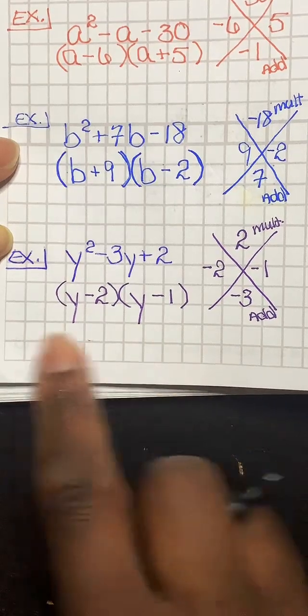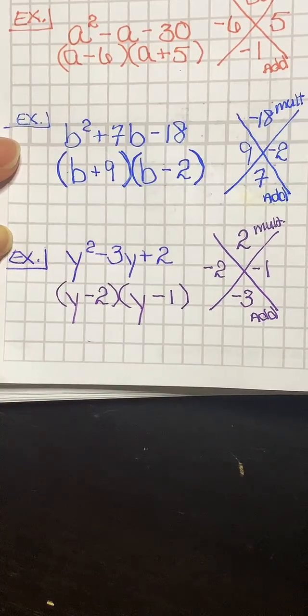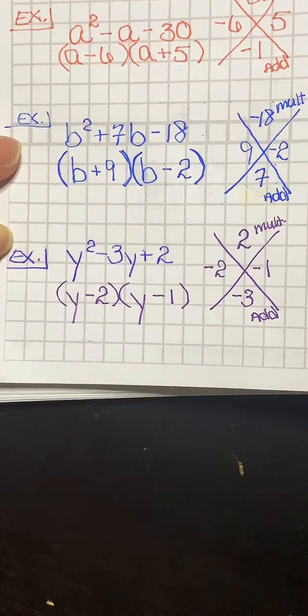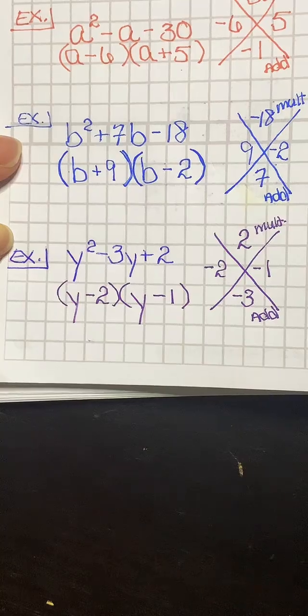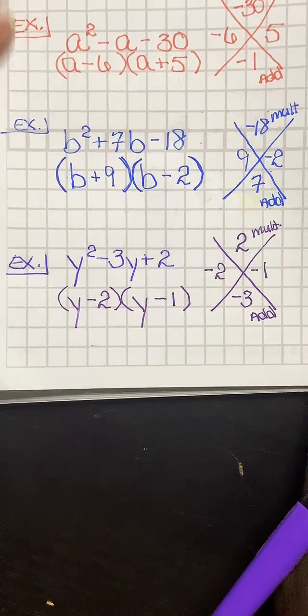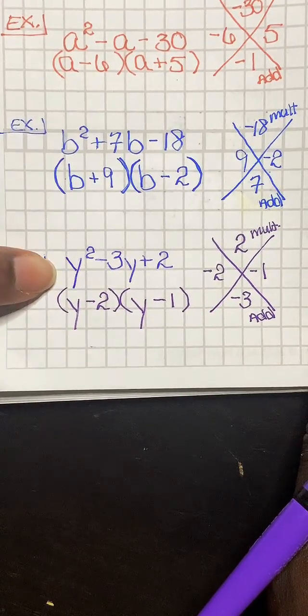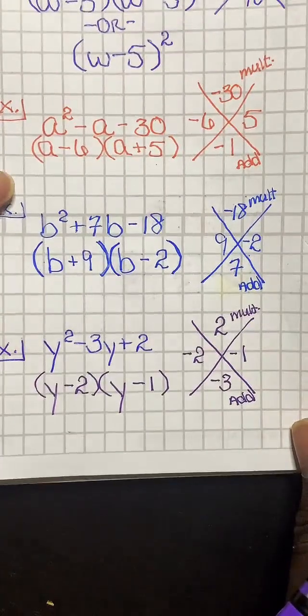Okay? We don't have to be robots. That works just as fine. Okay? Hey, Tamlin. What are we doing? All right. So, that's factoring trinomials when your leading coefficient is 1.